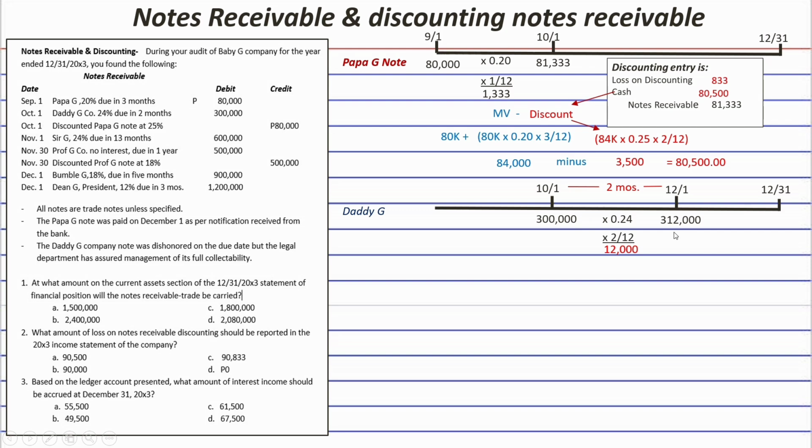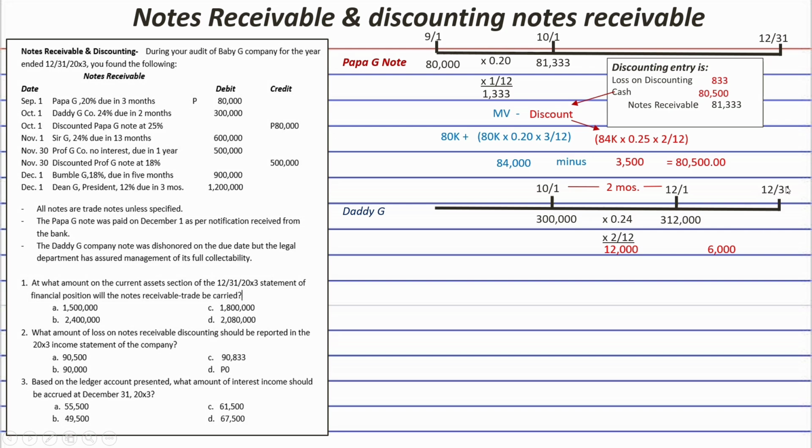So because of that, one of the effects is that there will be an additional interest for 1 month, which is 6,000. That's 300,000 times 0.24 times 1 month over 12 months. And that's the interest from here to here. Because we're going to assume that Daddy G did not pay even until December 31, 20x3.